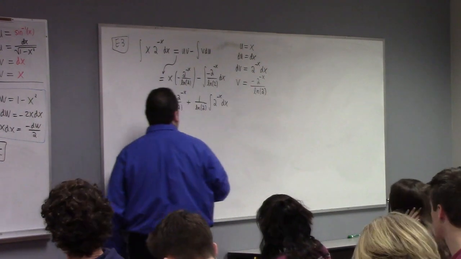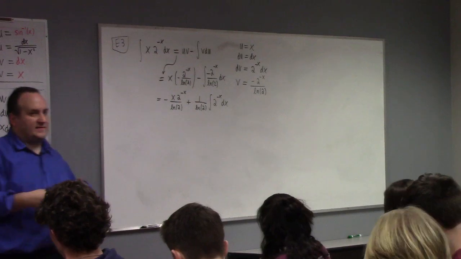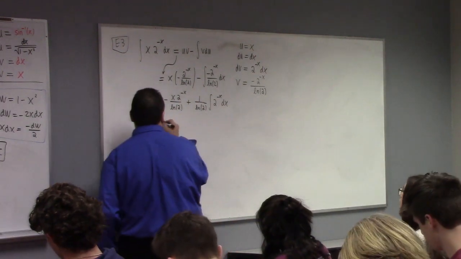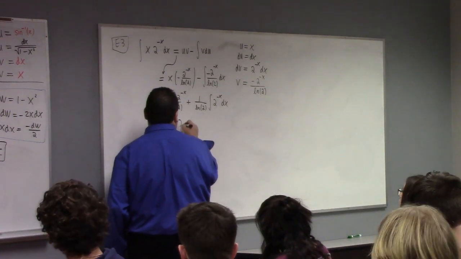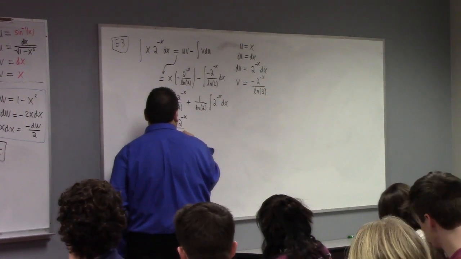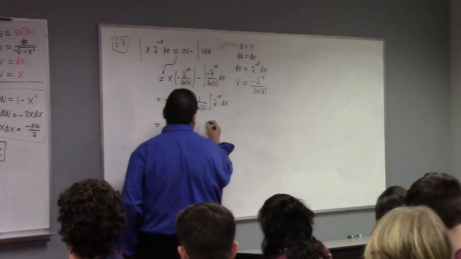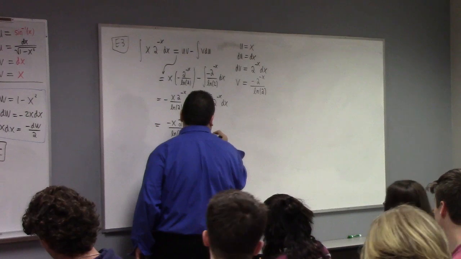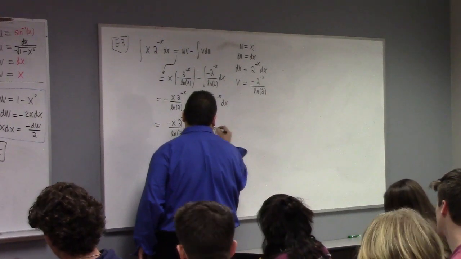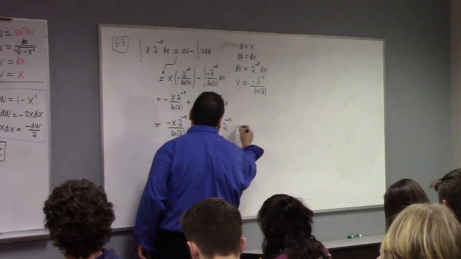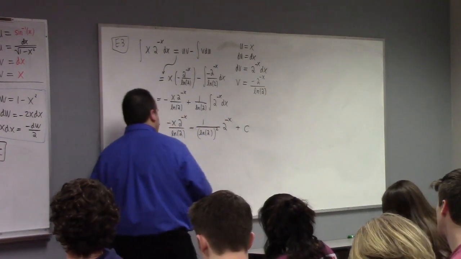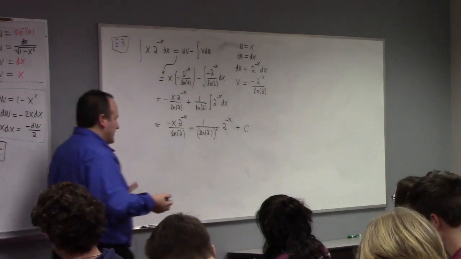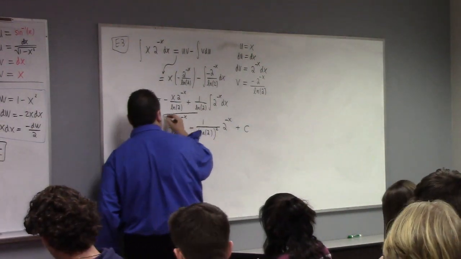But if we can integrate 2 to the minus x dx once, we can do it again. So we get minus x 2 to the minus x over natural log of 2, minus 1 over the natural log of 2 squared times 2 to the minus x, all plus a constant. I suppose we could simplify this, but I'm just going to leave it like that.